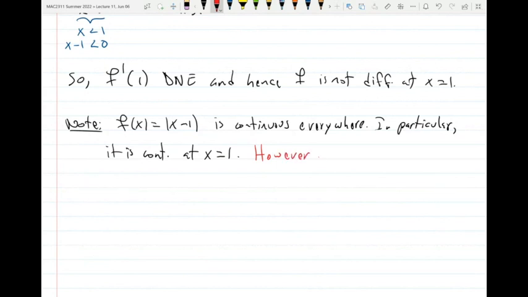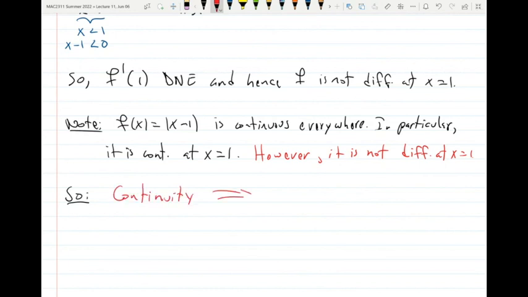However, it is not differentiable at x equal 1. So what we have seen so far is that continuity does not imply differentiability.